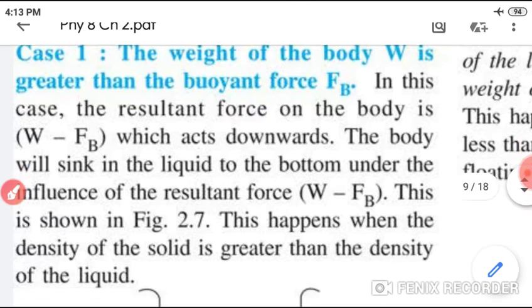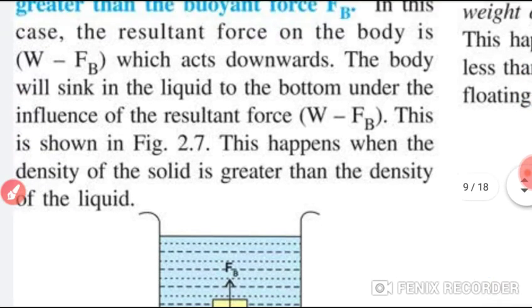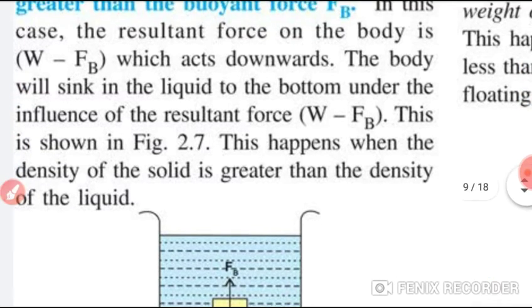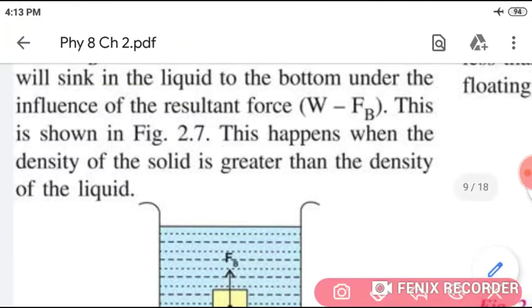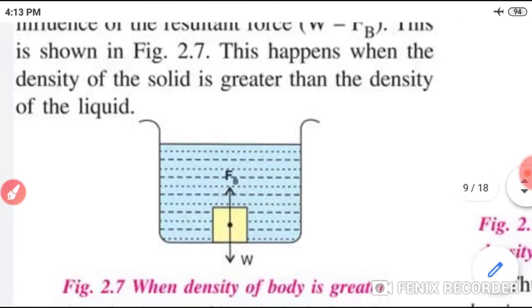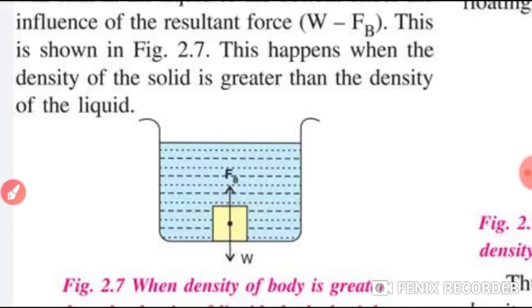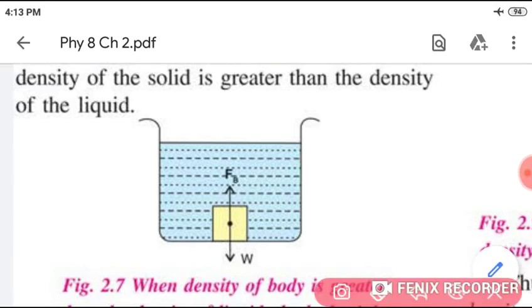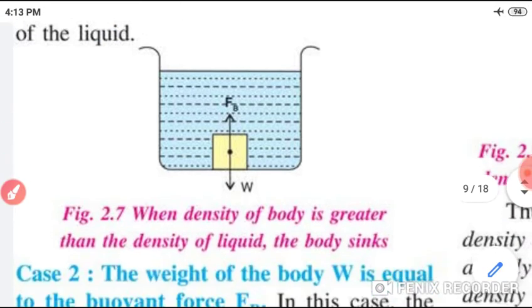The body will sink in the liquid to the bottom under the influence of the resultant force W minus FB. You can see this in this diagram also. This happens when the density of solid is greater than the density of liquid.